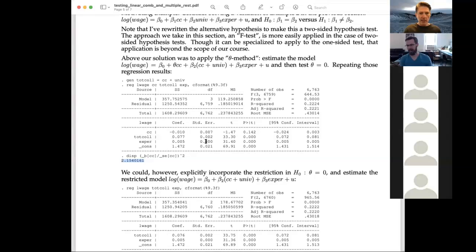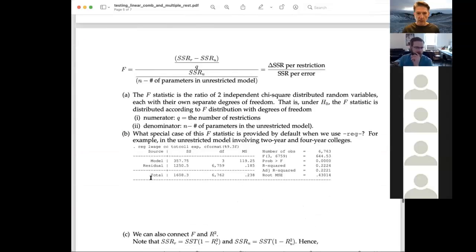When I take the t-statistic and I square that, I get the f statistic. So that's true anytime we have a single linear restriction. A single linear restriction, we could test using a t-test, we could test using an f-test. They're equivalent. One of the ways that you can think of that equivalence is you square the t-statistic and you get the f statistic.